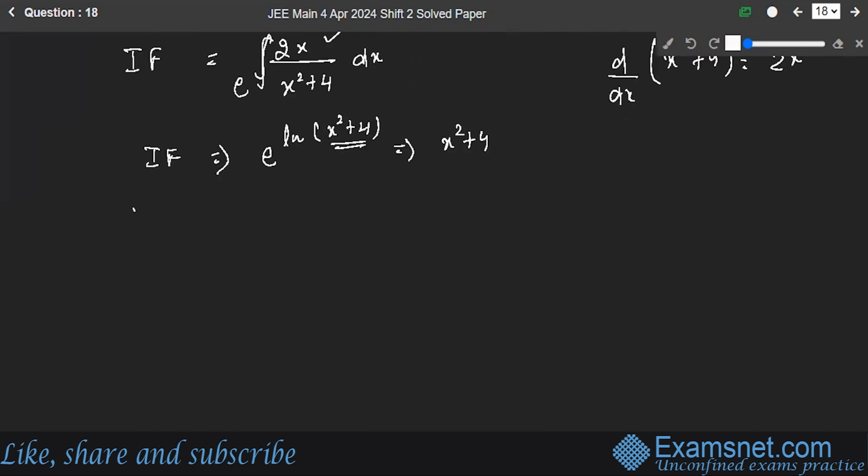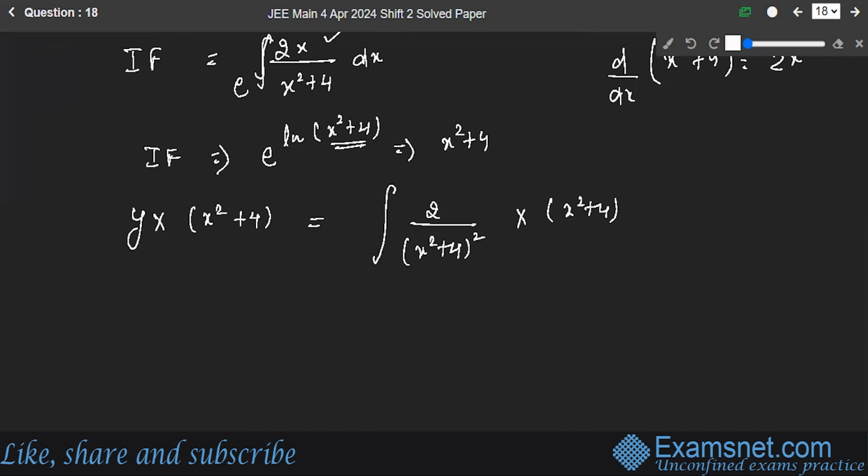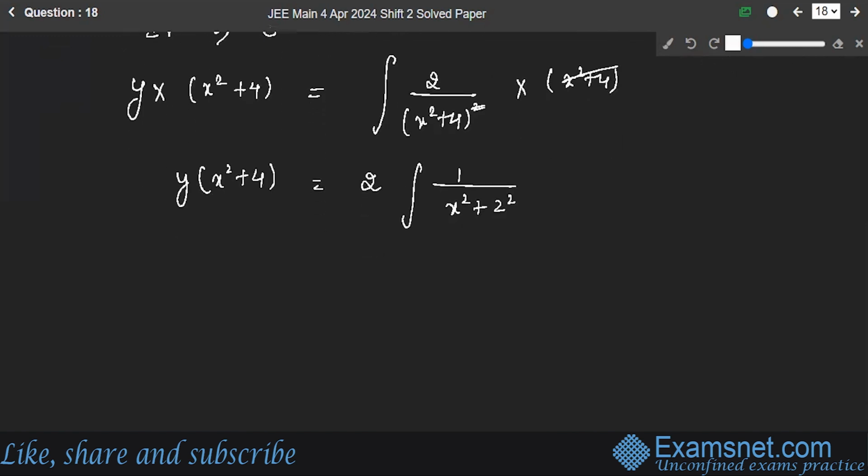Now what will the general equation be? It will be y into the integrating factor. So y into (x² + 4) is equal to the integral of 2 upon (x² + 4)² into your integrating factor. I'm taking 2 outside. Here you will have the cancellation, and you have 1 upon (x² + 2²). Remember, this integral is for tangent inverse.